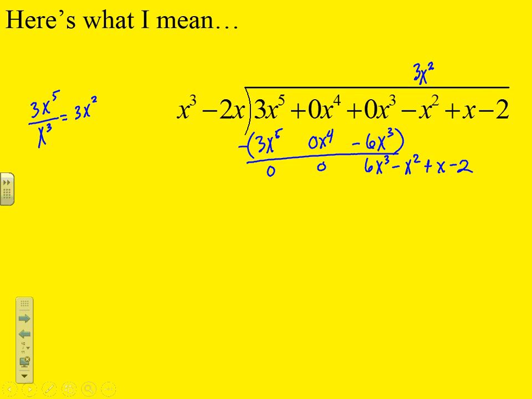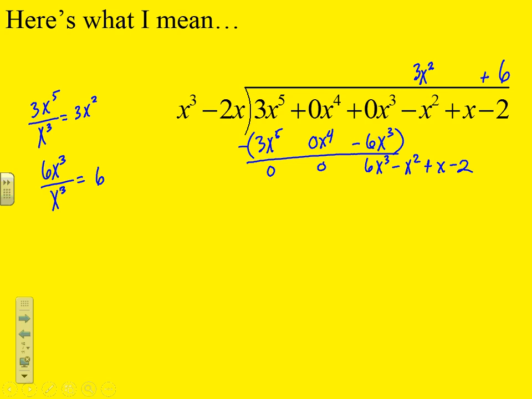We don't really need to bring the whole thing down, but I'm going to go ahead and do it anyway. So my new leading term is 6x cubed divided by the leading term of the divisor, x cubed. Well, 6x cubed divided by x cubed is just 6. So I'm going to place that 6 over the whole number of the problem, which is that negative 2, and now see what we get.